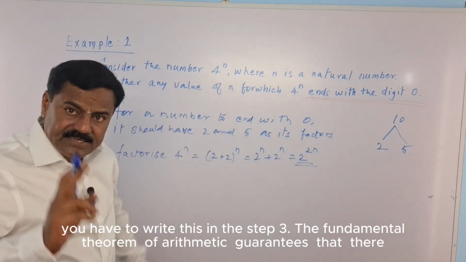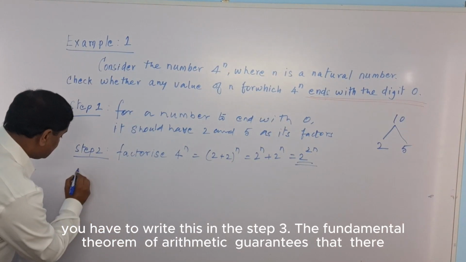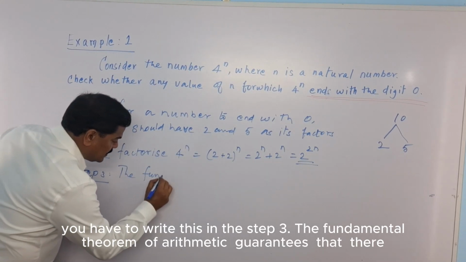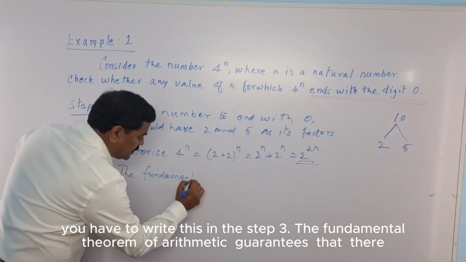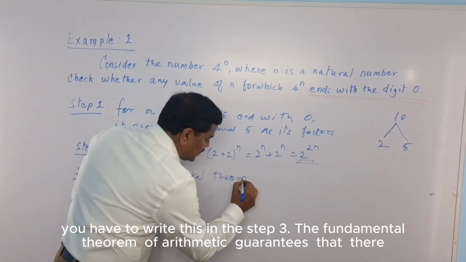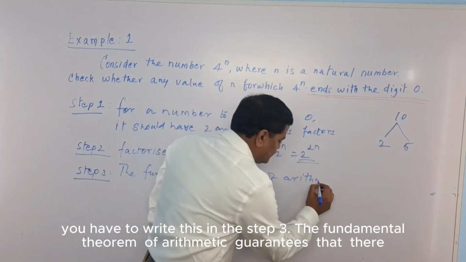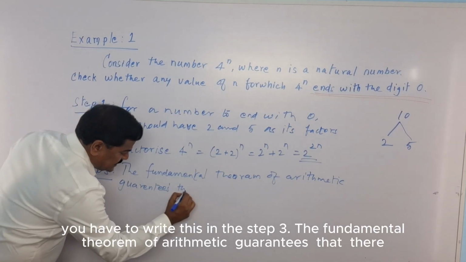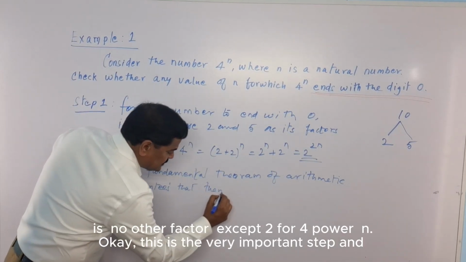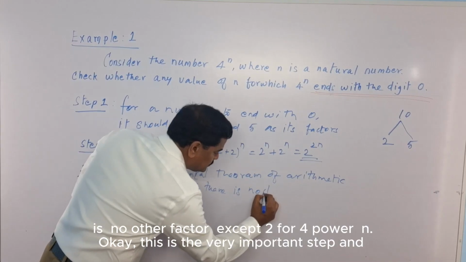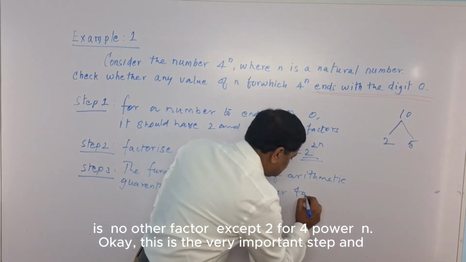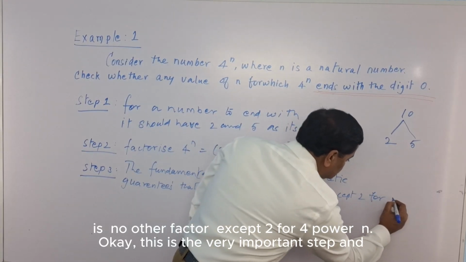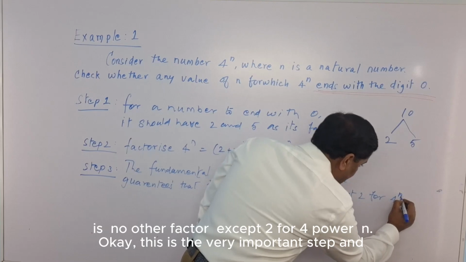You have to write this in step 3: the fundamental theorem of arithmetic guarantees that there is no other factor except 2 for 4 power n.